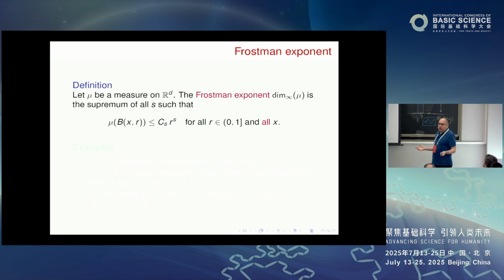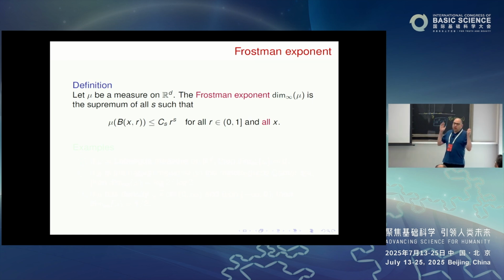So the Frostman exponent: you have a measure. A measure for me is a finite probability measure on R^d. You look at the best exponent, the best meaning the largest exponent that controls the measure of every ball. Every ball. Not almost every ball, but every ball.